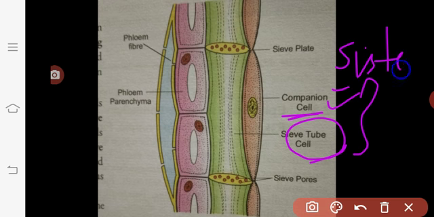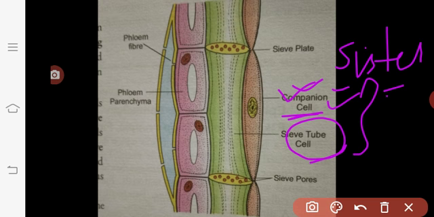They develop from the same mother cells. And despite having lost the nucleus in the mature state, sieve tube cells remain living. Their activity is controlled by the nucleus of companion cells.